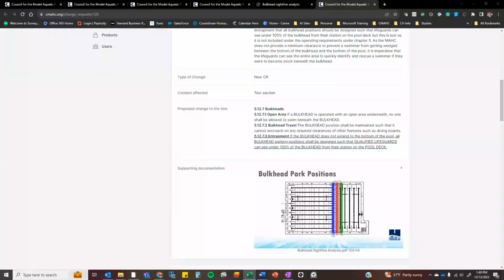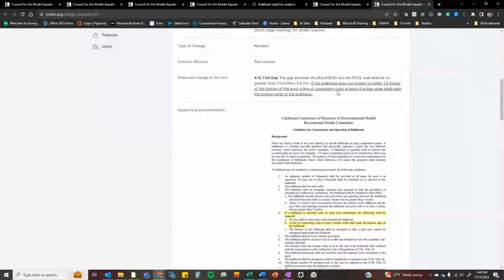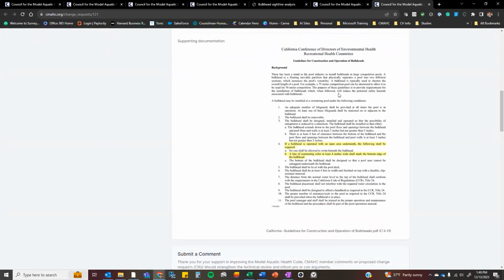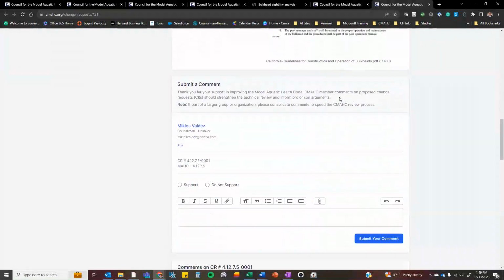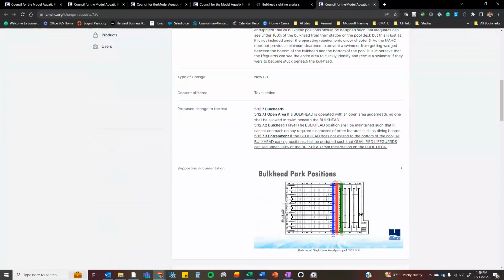Trying to find that one. If I remember, the warning strips was the one. Yep, the markings on the bulkhead. I thought it had some language about sightlines, but it looks like it didn't. Just getting them confused. Okay, yeah, no, it doesn't talk about it.